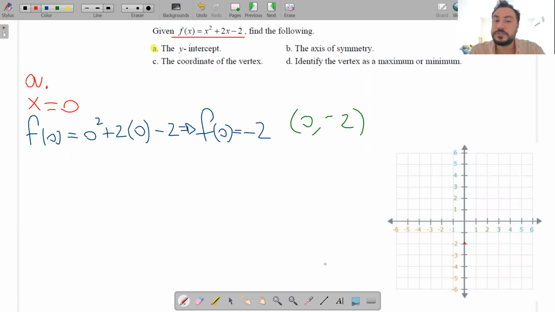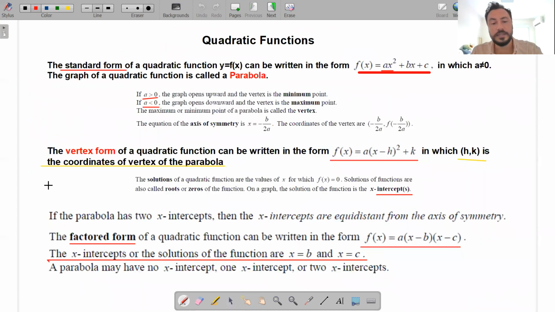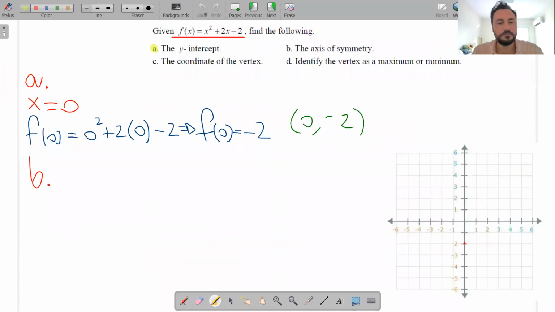The second question, question letter B, is asking for the axis of symmetry. To find the axis of symmetry, we actually have a formula, and the formula is this one right here: x equals minus b over 2a, out of this standard form. So let's just plug it in.